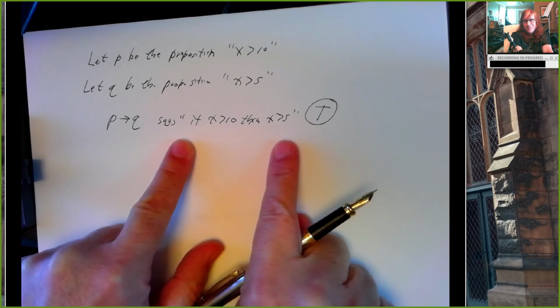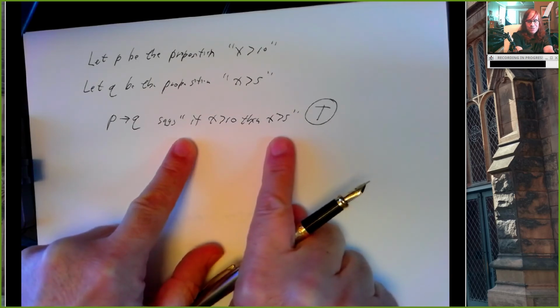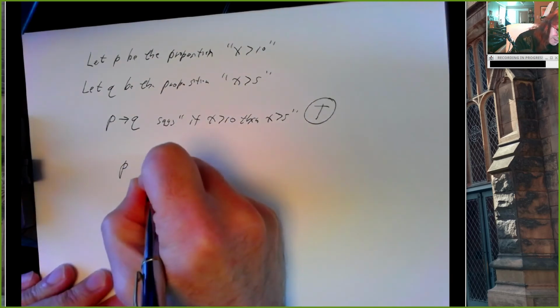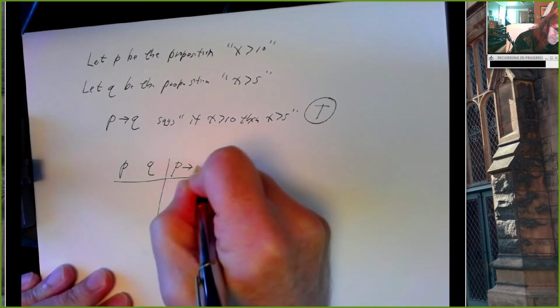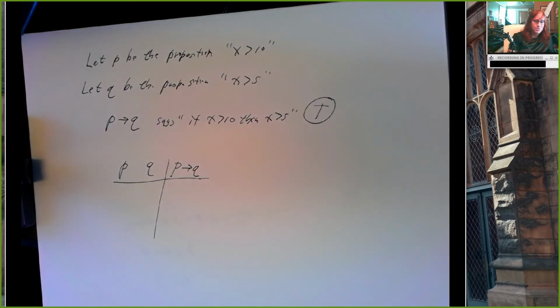Doesn't matter if I pick some weird value of x that's really big or really negative, right? This is still a true statement. So here's P, here's Q. And if P then Q should always be true, right?